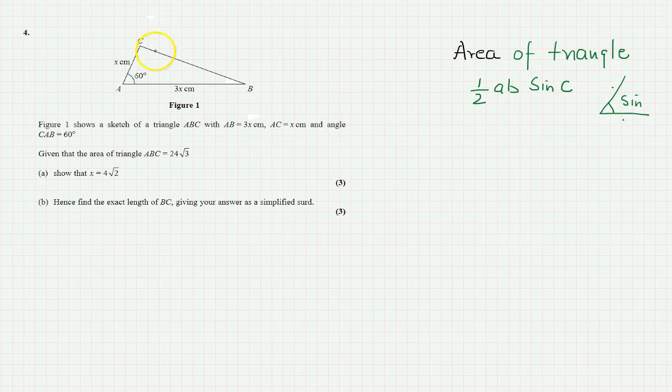So in this, it's given that area is already given. So area is 24 root 3 is equal to half. Let's say this is A, B is 3x and angle is 60. Sine 60.